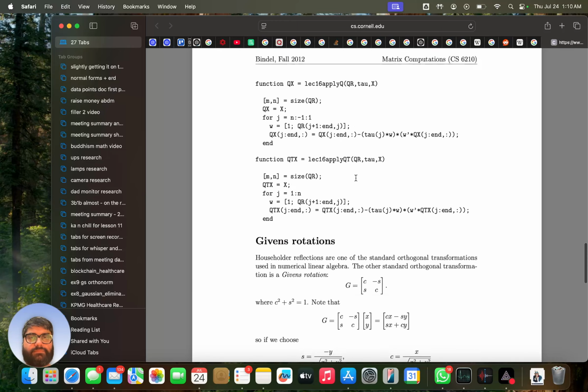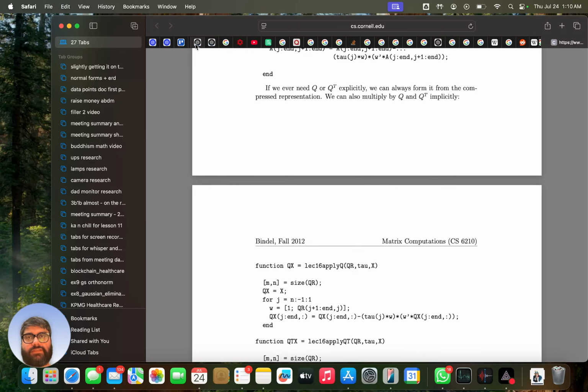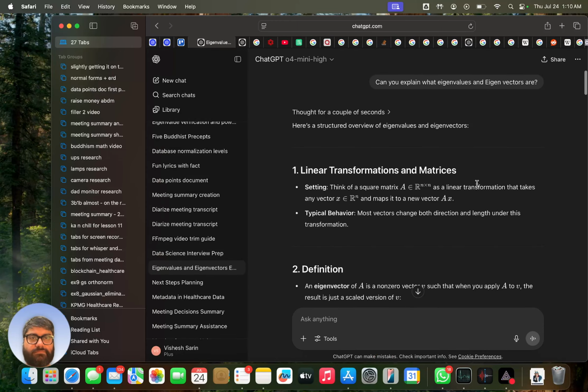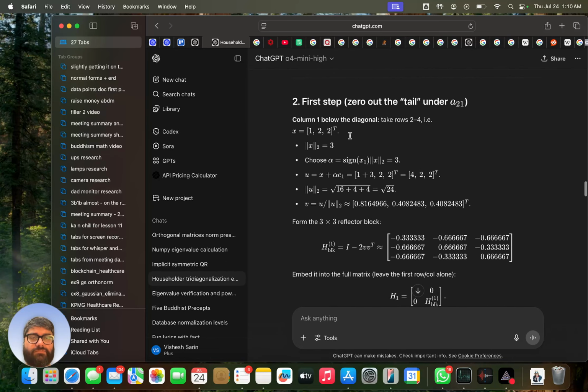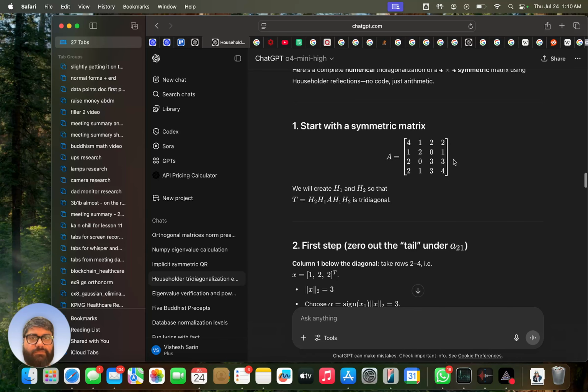Oh god, I don't even want to get into the Givens. So anyways, I think I'm just going to go over the Householder reflection worked example.